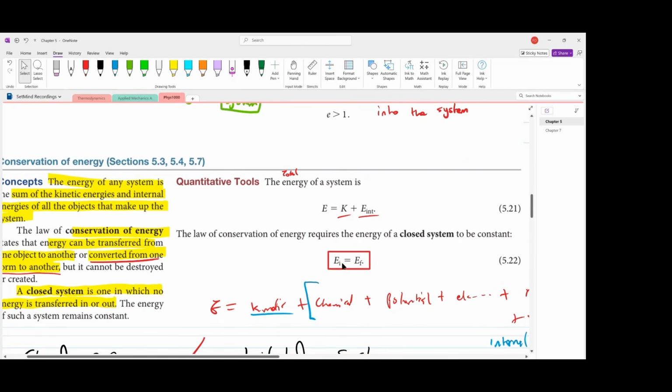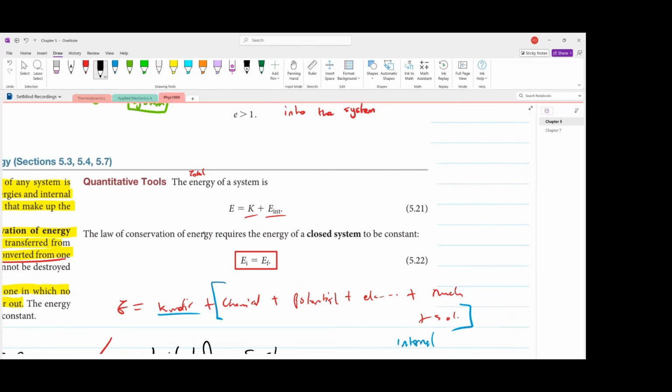The initial energy is equal to the final energy, right? So that means delta E is 0. So delta K plus delta E internal should be 0, because delta E is 0.